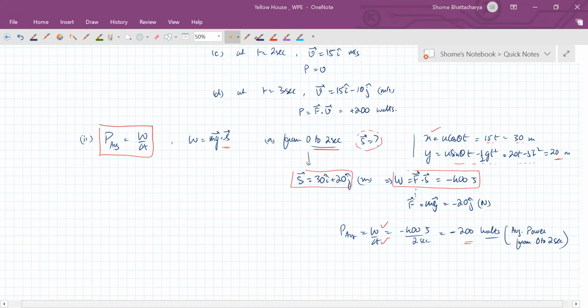Okay, good. Now same way you have to do for the B part also. From 0 to 4 seconds. What about the displacement? So when you calculate the displacement, it will come out to be 60 i cap.